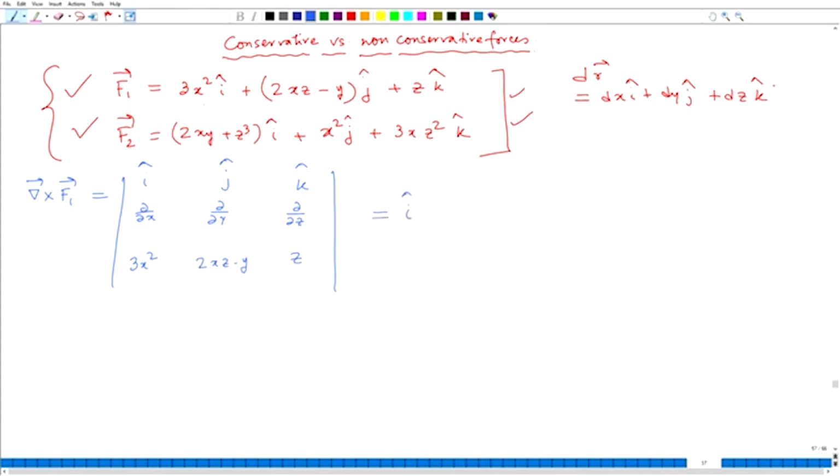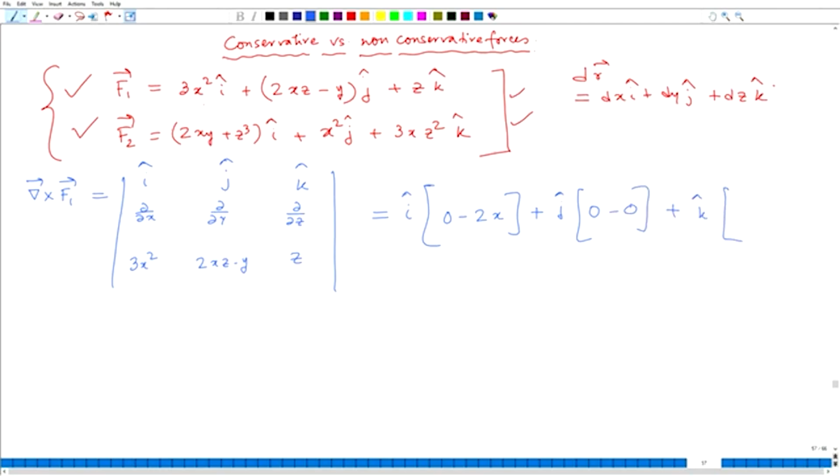So, for the i-th component, the x component, I will have 0 minus 2x, plus j cap times del del z of 3x square is 0. So, del del x of z, which is also 0, plus k cap.